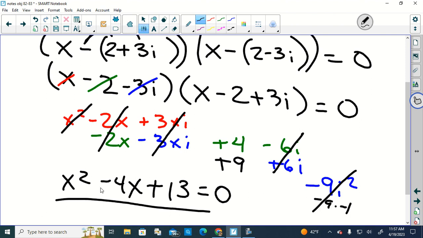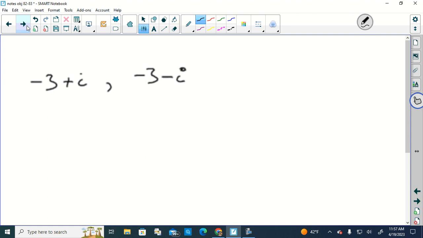Okay, let's see if you can try this last one on your own and get it. Remember, it's answer minus, and then put it in the parentheses on both.